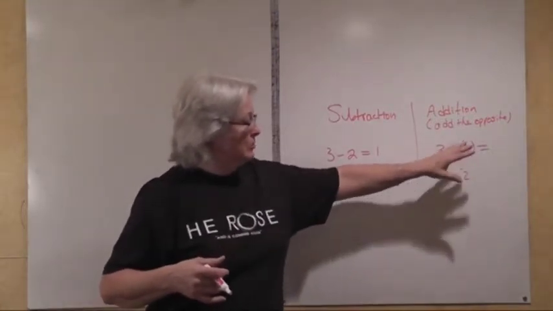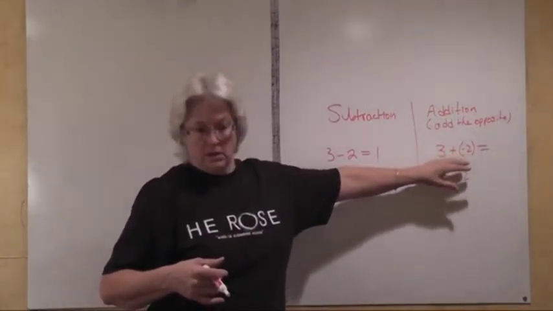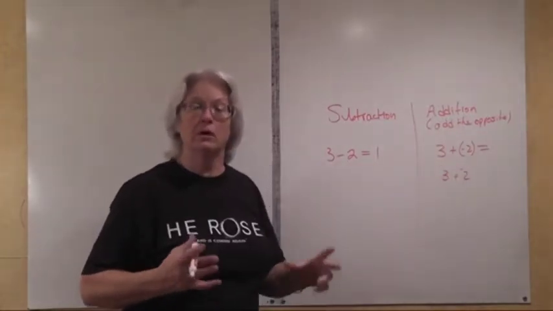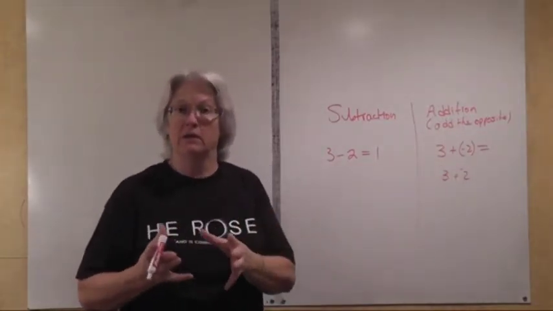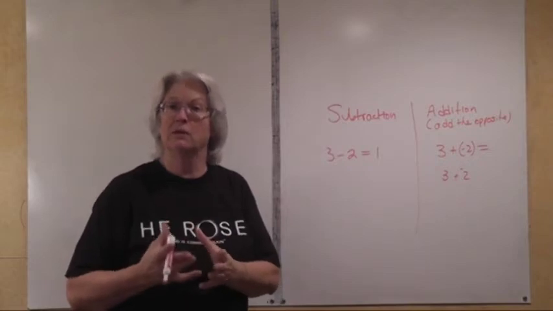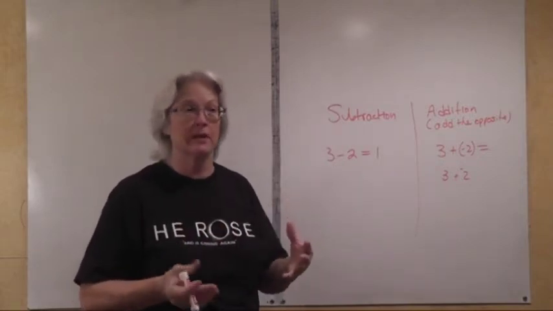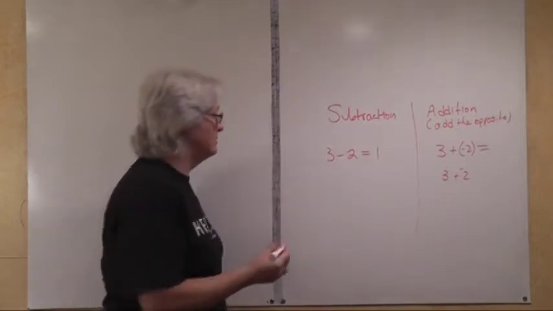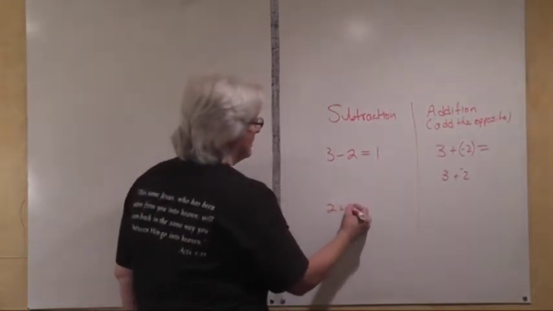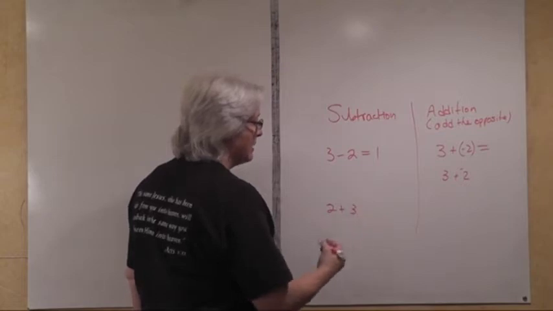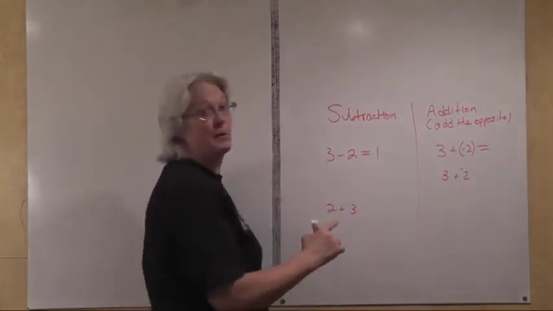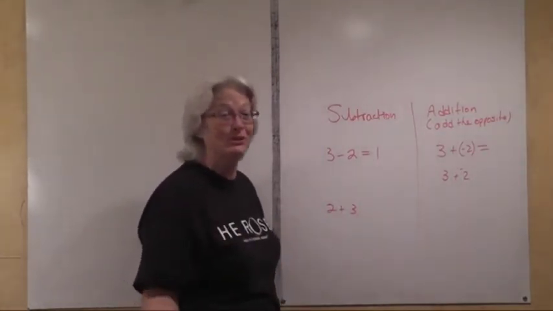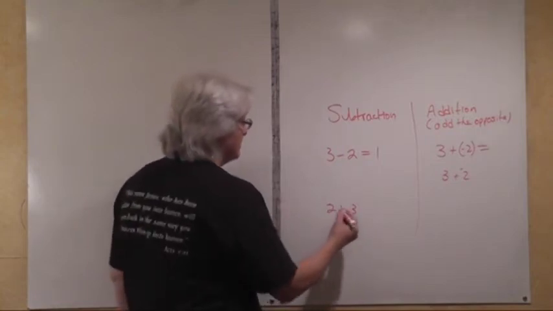In section 4.2, we were talking about how you add signed numbers. Integers are signed numbers. They're either positive or negative. If you have the same sign, 2 plus 3, it said add their absolute values.